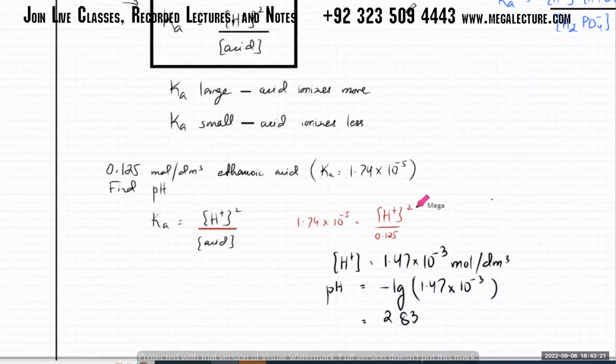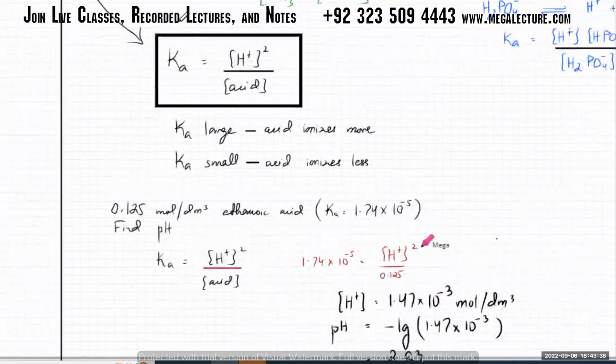Okay, now it's clear that the strength of the acid is determined by K, how much it dissociates, how much it ionizes. You can think of it this way: the pH is a function of, look here, when you have to find the concentration of H plus 1, it's a function of how much it dissociates, plus it's also a function of concentration as well. If an acid ionizes more, then its Ka is higher, plus its concentration is also high.